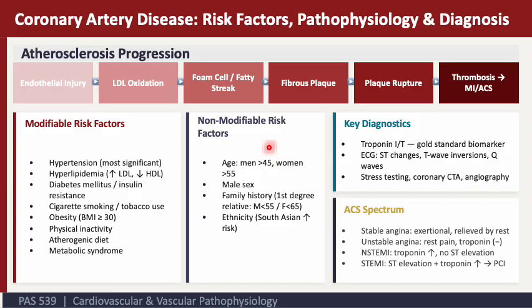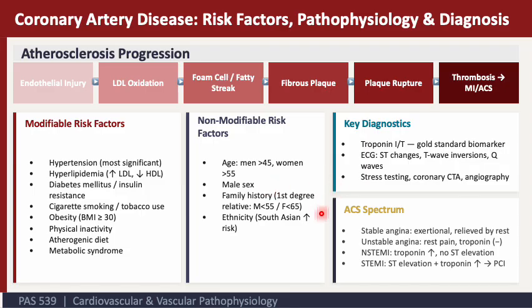Now, some of the non-modifiable risk factors, meaning, if you have one of these, you just do, and there's nothing you can do to change that particular risk factor. For instance, men over the age of 45, and then women over the age of 55. Men seem to have a higher risk than women.